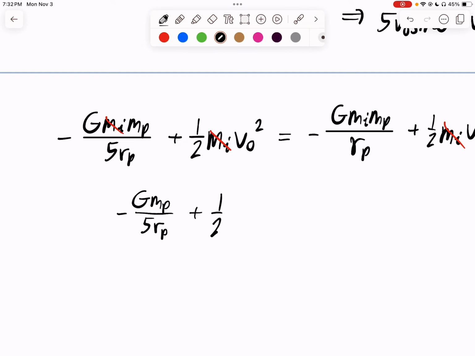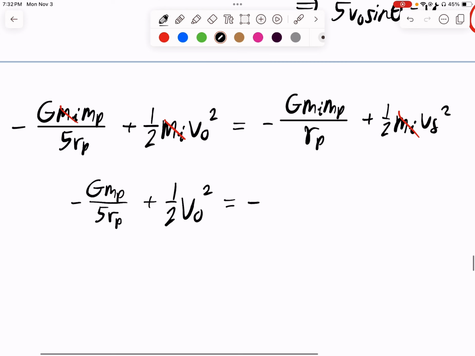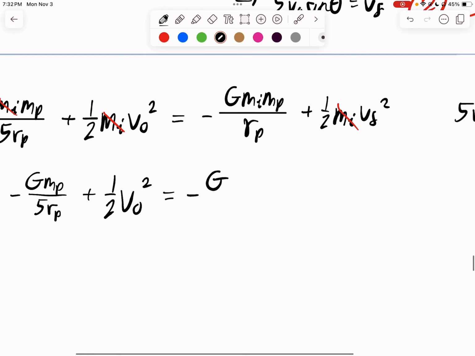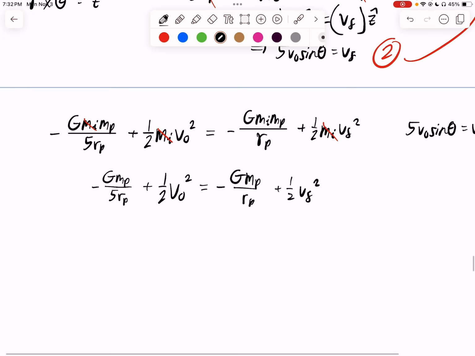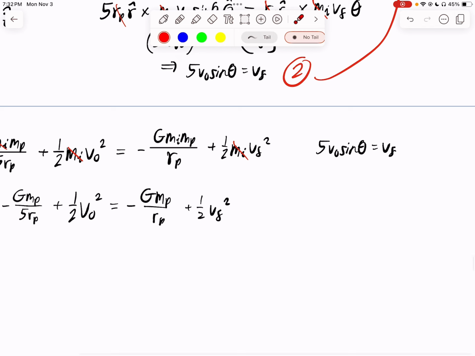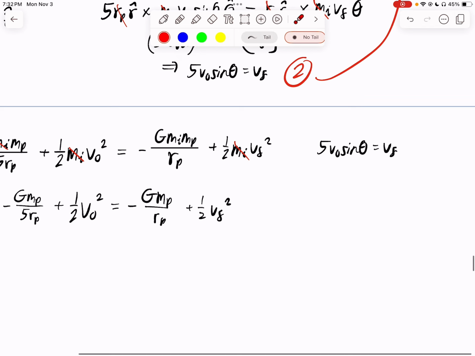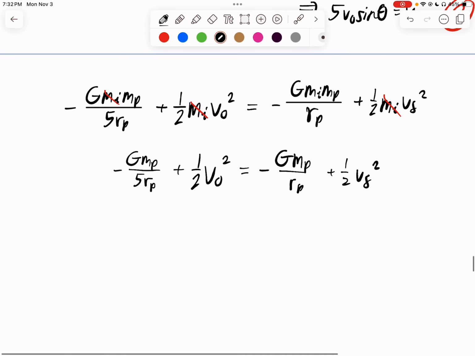Maybe we could go back, but math wasn't that interesting back then, so maybe not. We have G M_p over R_p plus 1/2 v_f squared, and what we're trying to solve for is theta. So we need to substitute that in here, which is very neat.